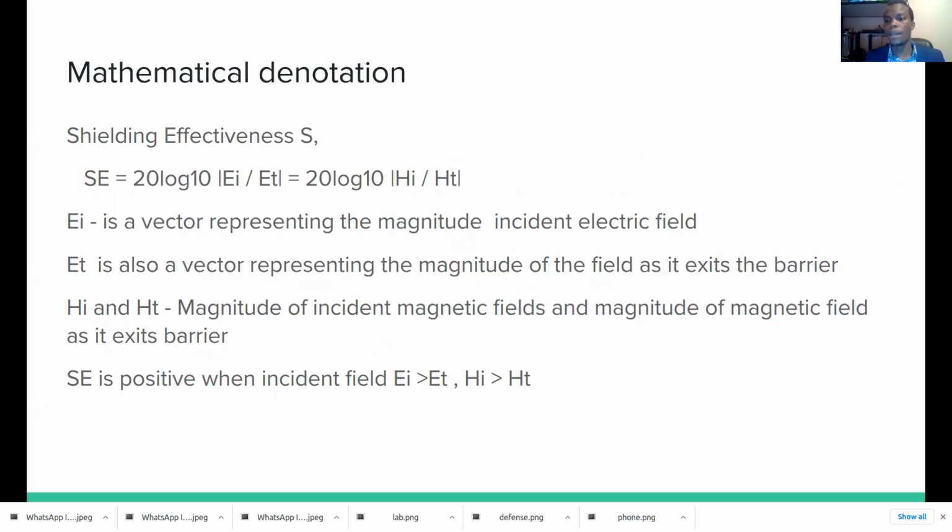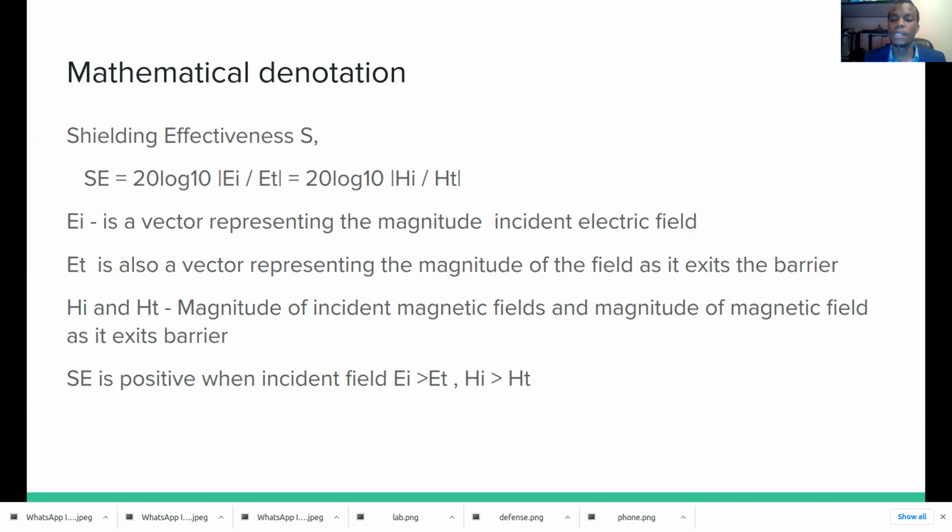Here now we want to look at the mathematical derivation, or what we mean by shielding effectiveness. The shielding effectiveness, SE, is given by 20 log to base 10 of EI over ET. EI in this case is the incident electric field, which is a vector, and ET is the transmitted electric field, which is also a vector.